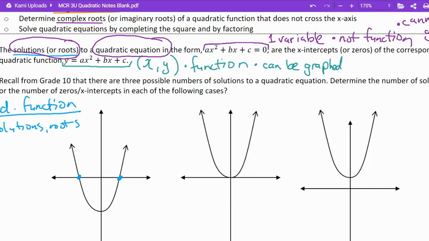Yeah, it is the x-intercept. So in addition to having solutions and roots, we also can say that a quadratic function now has x-intercepts. And these x-intercepts have a fancy name. The fancy name is it's a zero. Okay.